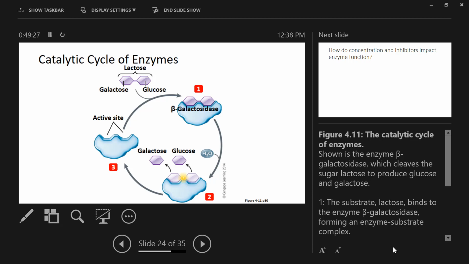This is beta galactosidase, just another name for the same enzyme. It takes this lactose molecule, binds it, stabilizes the transition state where we put some torsional strain on this bond, and then breaks those bonds into glucose and galactose, sugars that are much easier for cells to deal with.